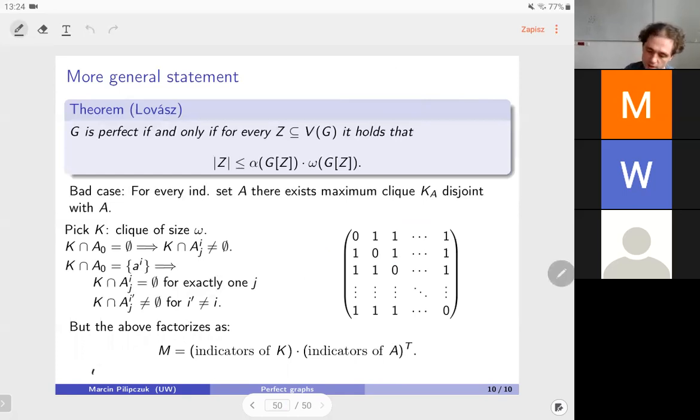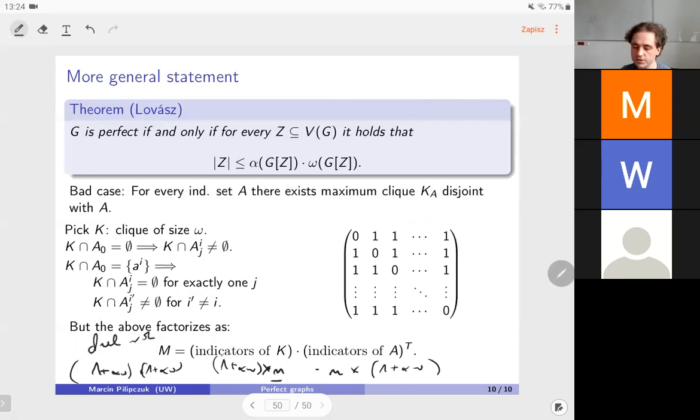But this is a (1 + αω) times (1 + αω) matrix of full rank, and it is a product of a (1 + αω) times n matrix and an n times (1 + αω) matrix, where n is the number of vertices. And this is a contradiction, because this is full rank and we have got a factorization through a smaller dimension, since n is smaller than αω by assumption.